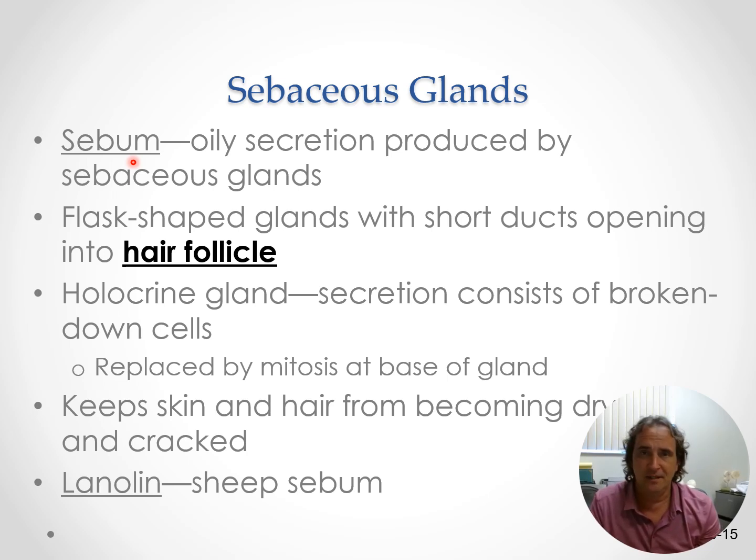Sebum is not something that sounds like a good word, so marketers back in the 60s decided to say, well, we're not going to use sebum in our lotions. What we're going to do, we're going to brand it lanolin, because sheep also have sebaceous glands. Those sebaceous glands are going to create that oily secretion that goes onto their hair cells.